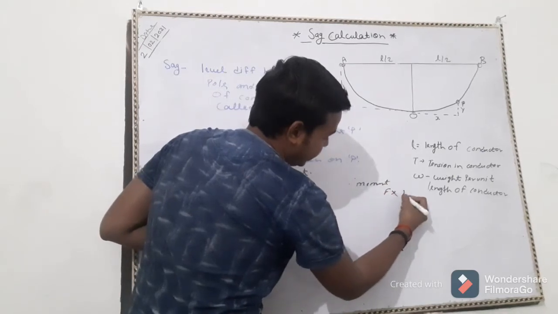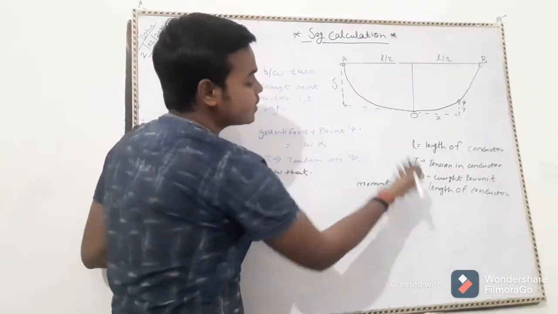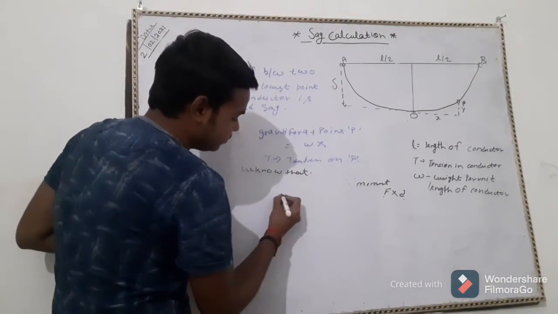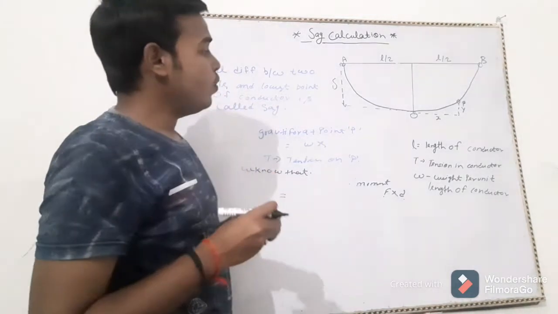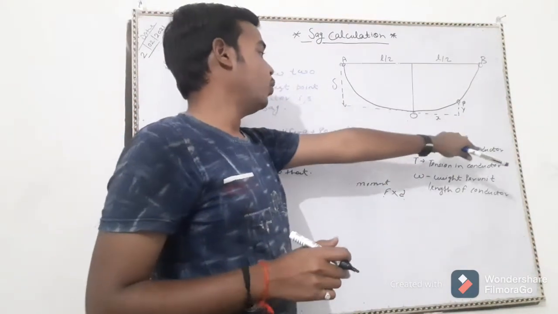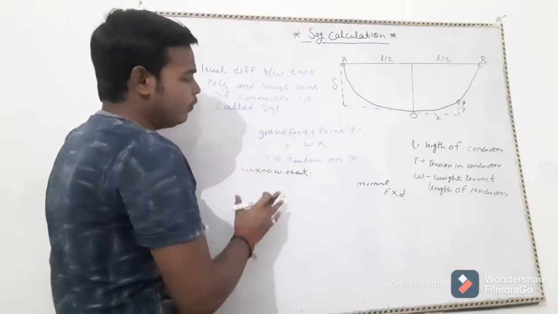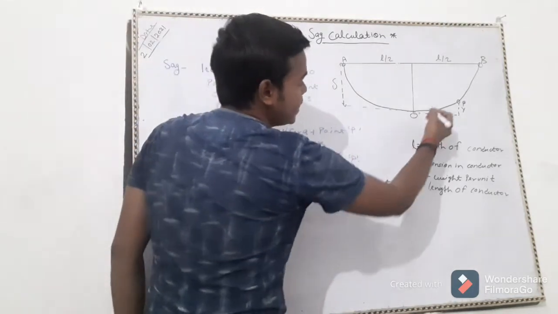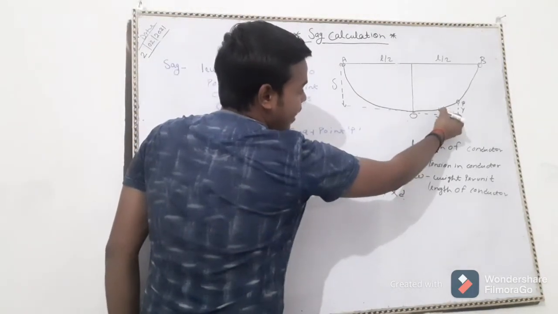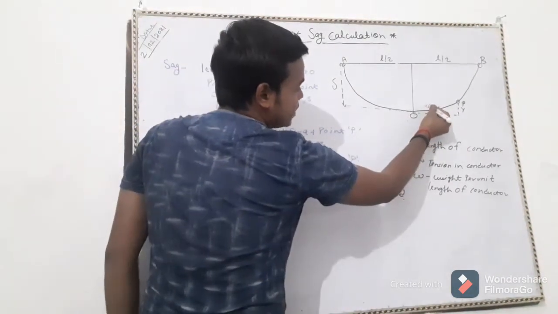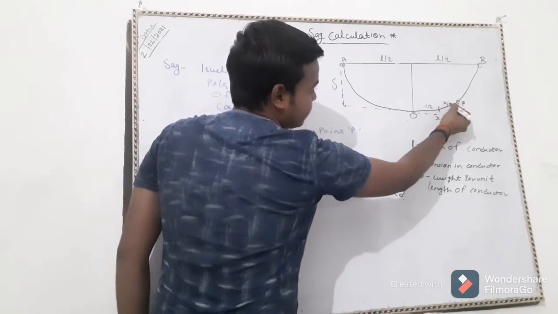F is force and D is displacement. Now we will calculate the moment at point P. Before calculating this, if we divide this point, we get x upon 2 at this point and x upon 2 at this point.